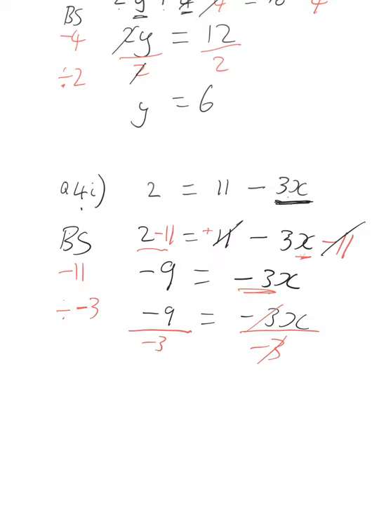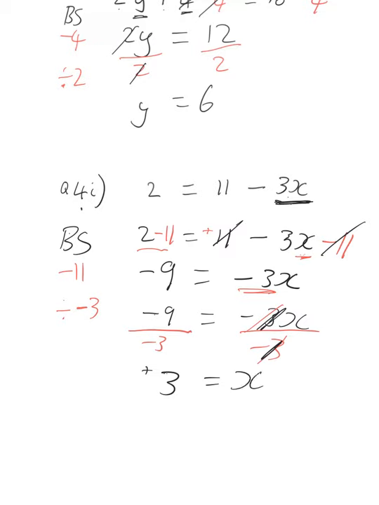That's why we did it. And so, -9 divided by -3. Well, 9 divided by 3, we know is 3. A negative divided by a negative is a positive, so this is just +3. These have cancelled each other out, and all we're left with is x. So there's our answer, x equals 3.